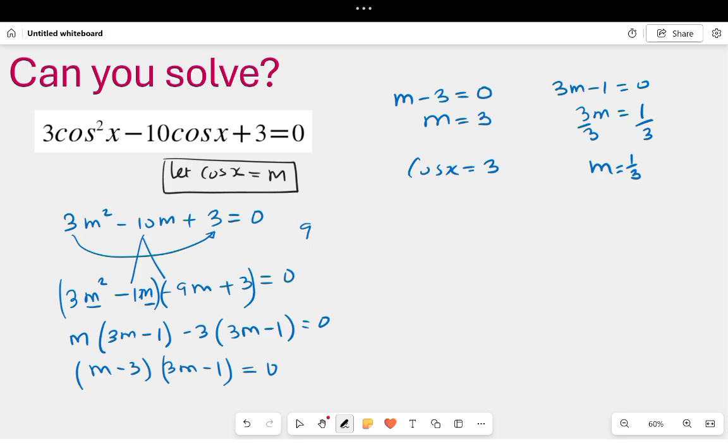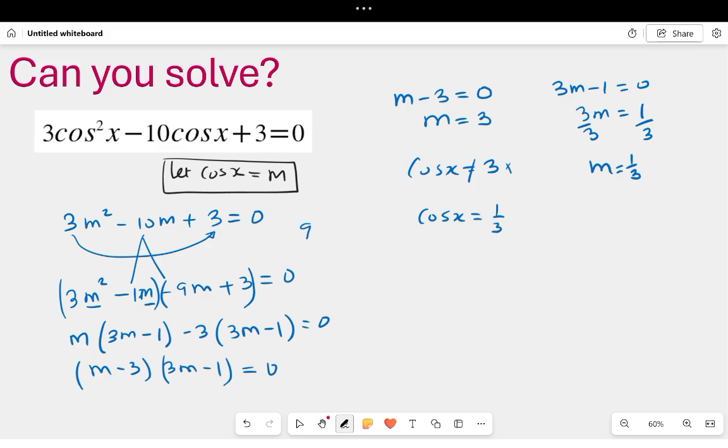So therefore it doesn't make sense to say cosine x is equal to 3. So we are going to ignore this solution, and therefore we are going to work with the next one. So it makes sense when we say cosine x is equal to 1 over 3.